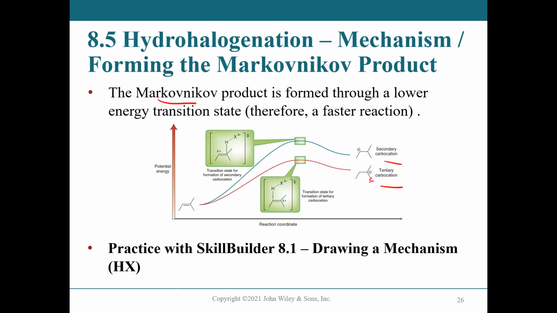Remember, these carbons are electron donating, so they're going to be able to donate some electron density there. So we're getting it from 3 sides. Here, we're only getting it from 2 sides. So that's why you see this difference in stability, that the tertiary carbocation is lower in energy, which makes it more stable. So hopefully that makes more sense why we're putting it right there.